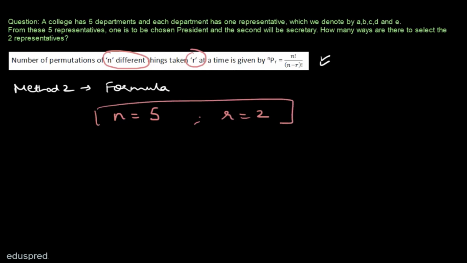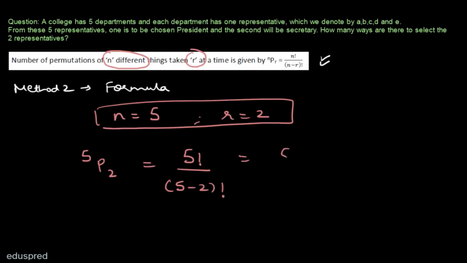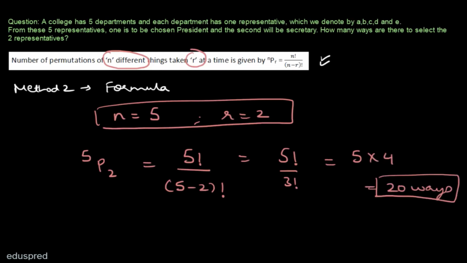So we can directly use this formula, and according to this formula, the answer should be 5P2, which is equal to 5 factorial divided by 5 minus 2 factorial. This is 5 factorial divided by 3 factorial, which is equal to 5 multiplied by 4, and this is equal to 20 ways. Now before I move to method number 3, keep in mind that you can only use this formula if you have n different things.